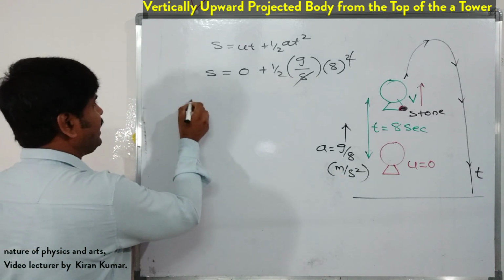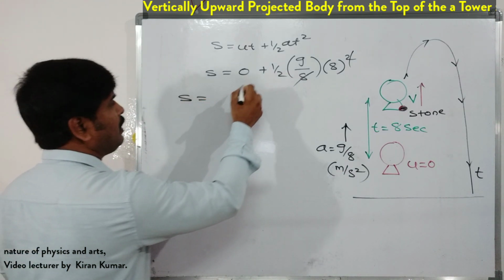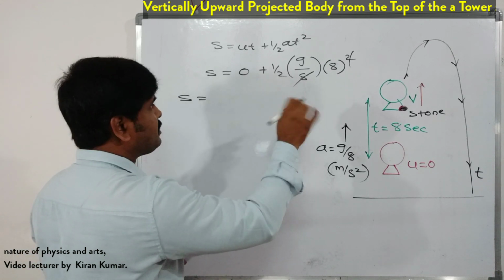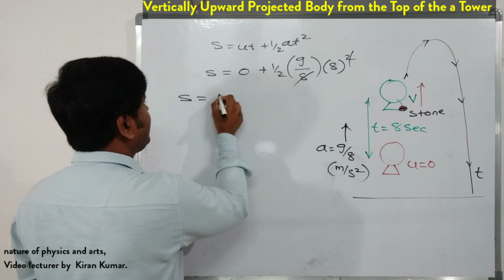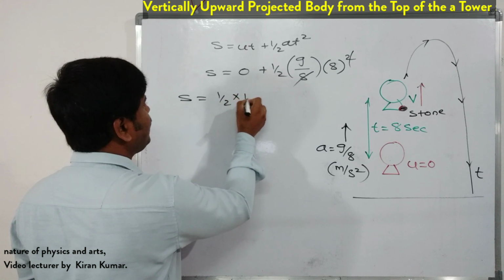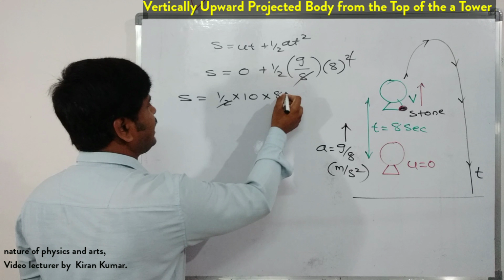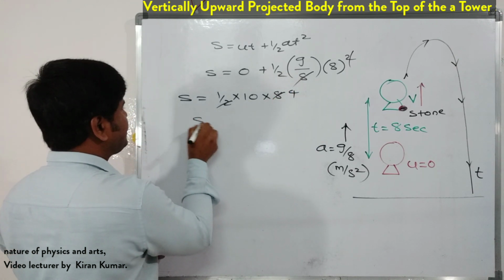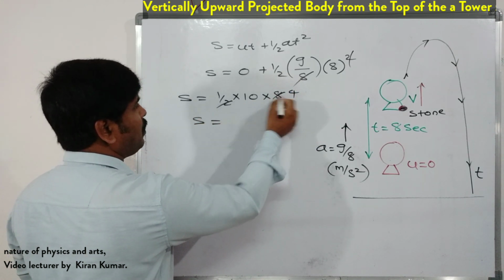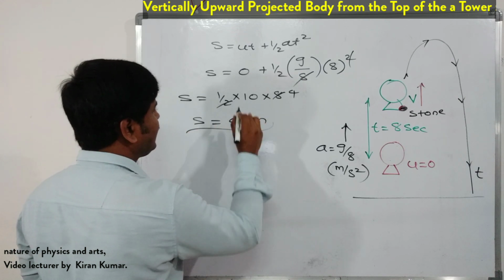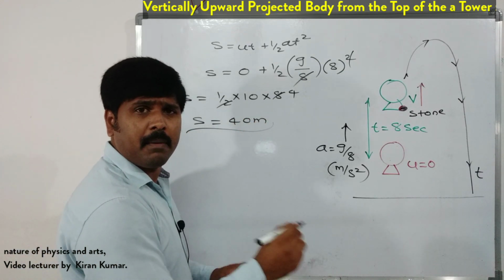So S is equal to 0 plus 1 by 2, with g value taken as 10, into 8. So this is 4, and 4 into 10 is 40 meters. So we got S is equal to 40 meters.